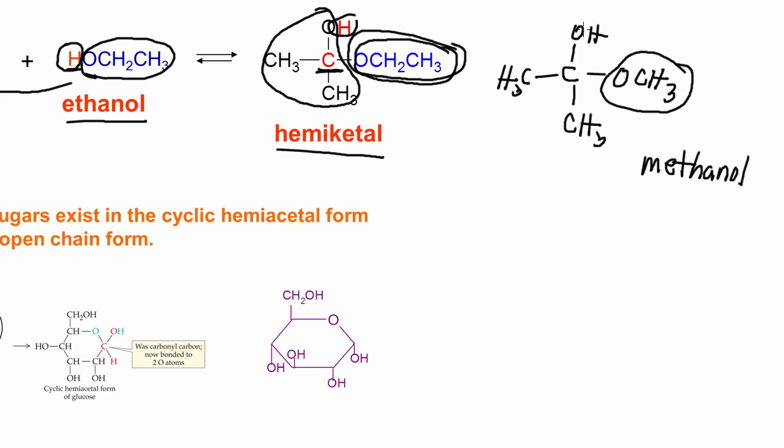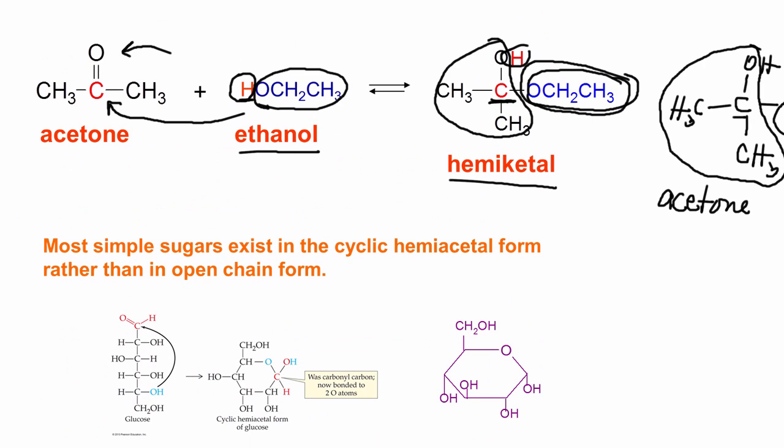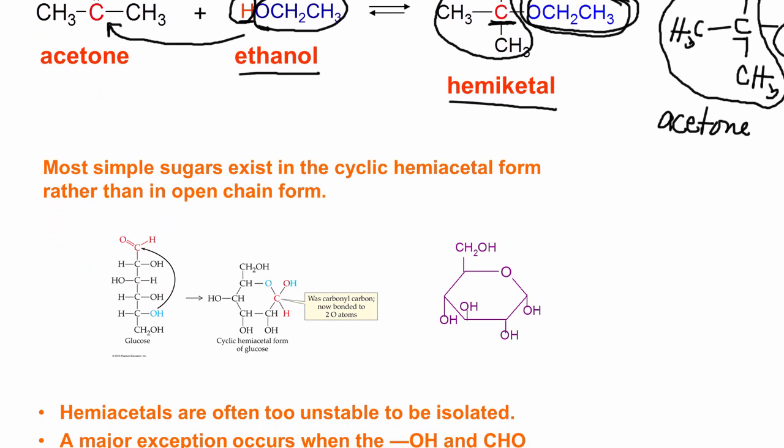And then it's this part here that tells me what the other reactant was. In this case, it's going to be a ketone. There is no hydrogen on the carbon, and this then would be acetone. So you just need to analyze the substance. So practice those. I will have something on the exam about hemiacetals and hemiketals.